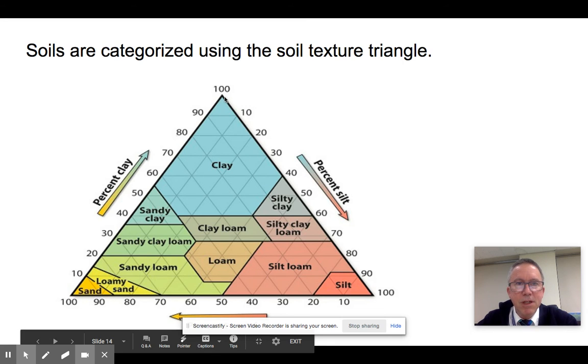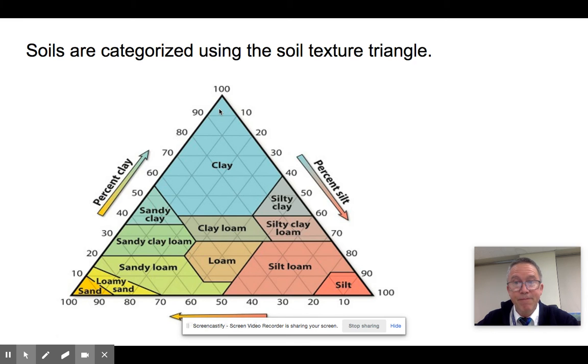So if I go from 0 silt to 100% silt. This is 0% sand up to 10, 20, 100% sand. This is 0% clay up to 60, 70, 80, 90, 100% clay. Okay? That's how you interpret these charts.